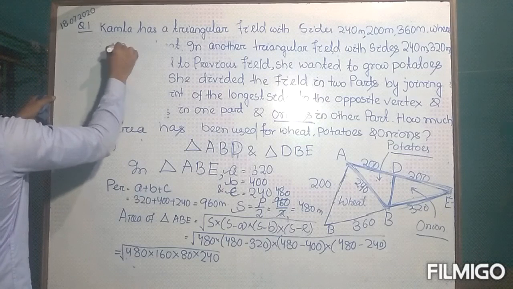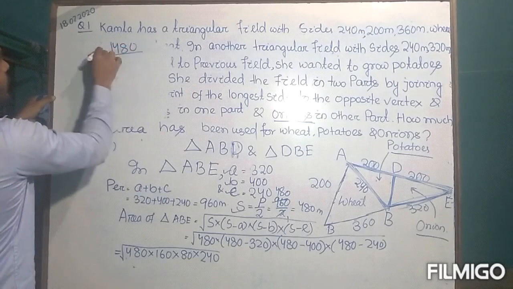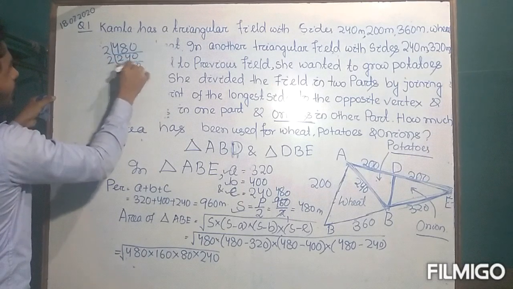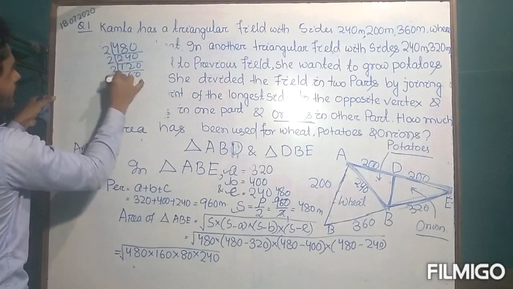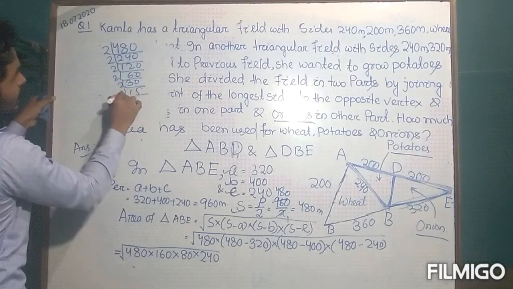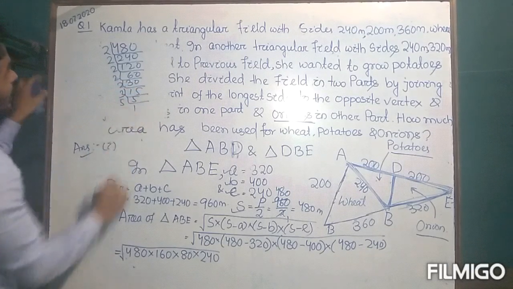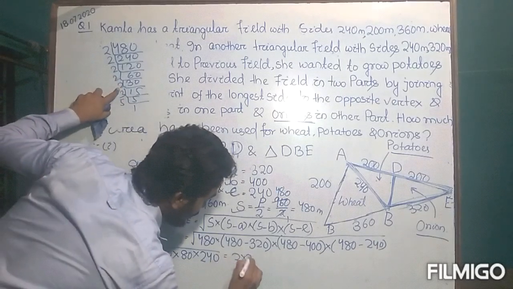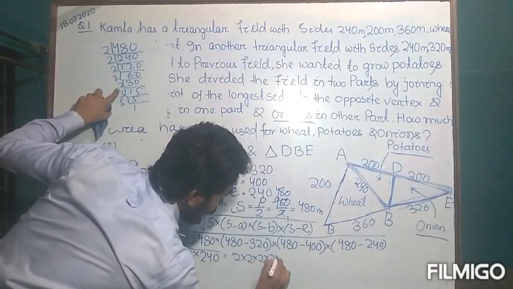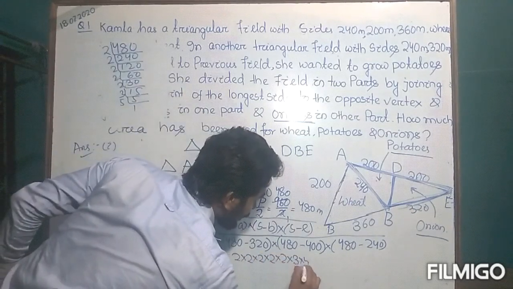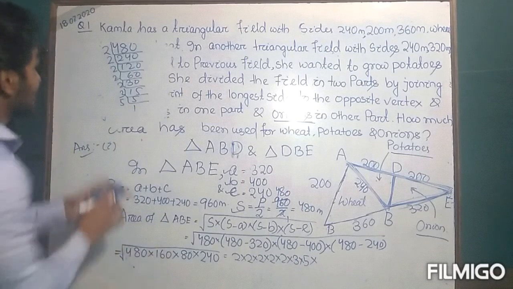480, 240, 120, 60, 30, 15, 3, 5, 5, 1. So 1, 2, 3, 4, 5 twos, then a 3, then a 5, into 160.